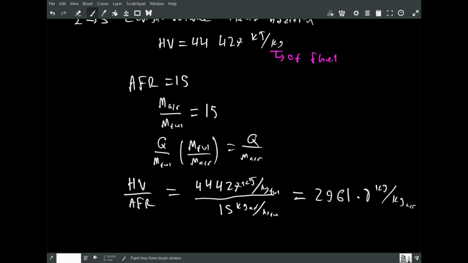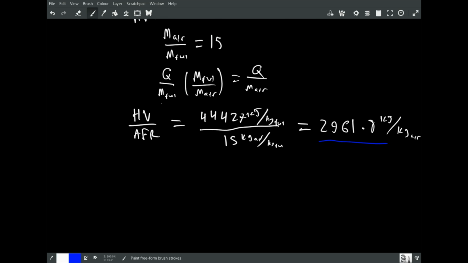And since our whole system is in terms of air, this is the value that we are using for that constant volume heat addition. So let's plug that in.